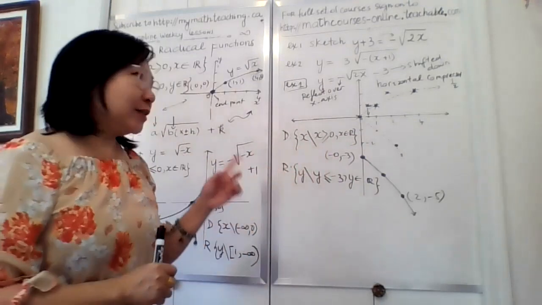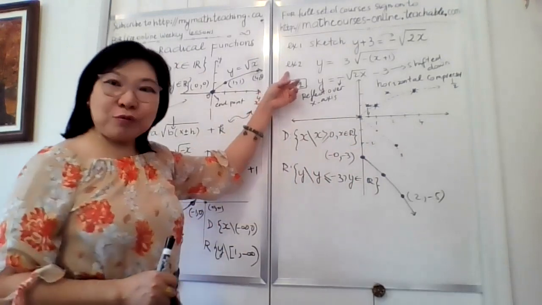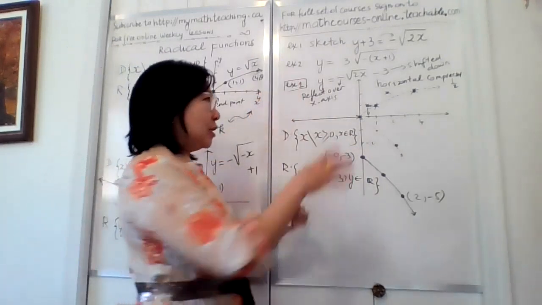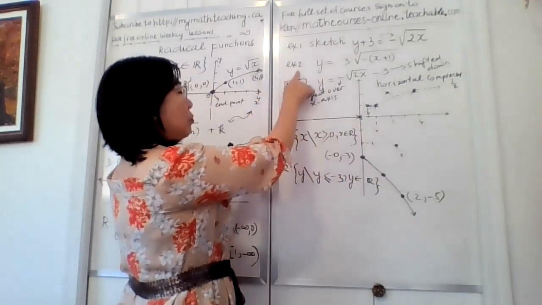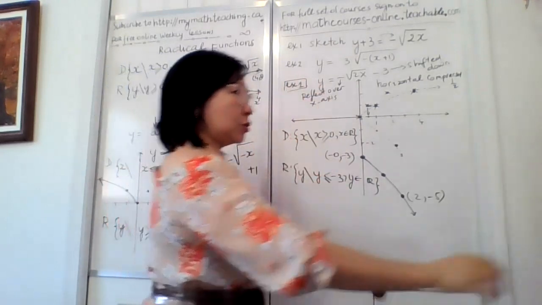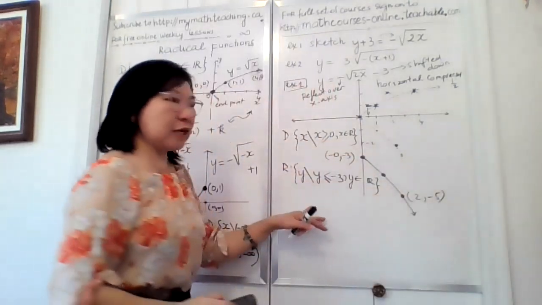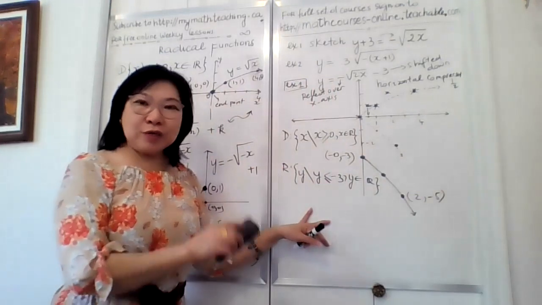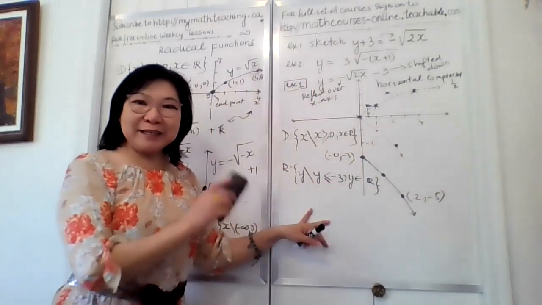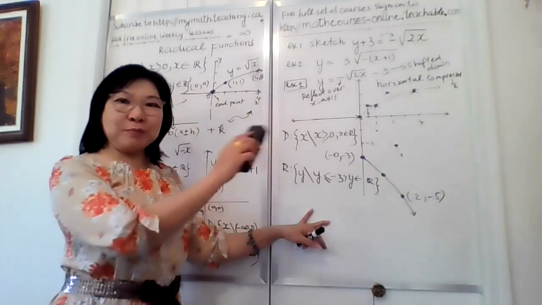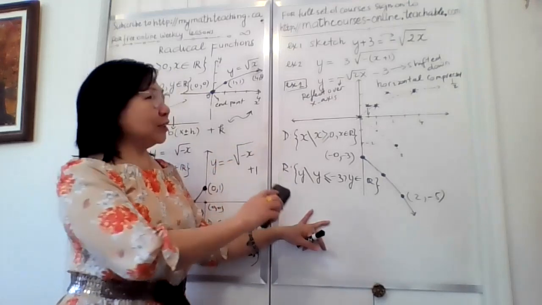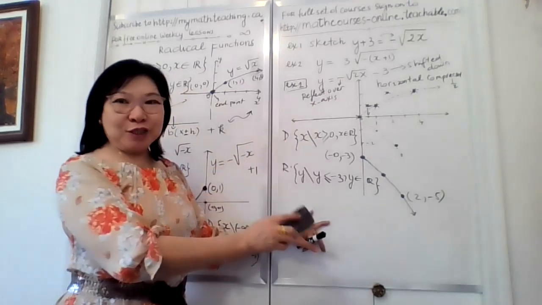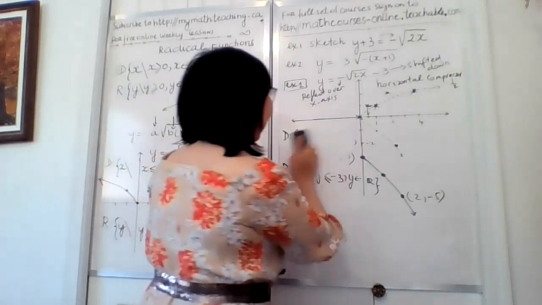Okay, so let me continue with the last example we have. Before we do the last example here, I'm going to have to erase all of this stuff. And if you register to my course, you will be able to keep all of this without the missing information when I erase it.